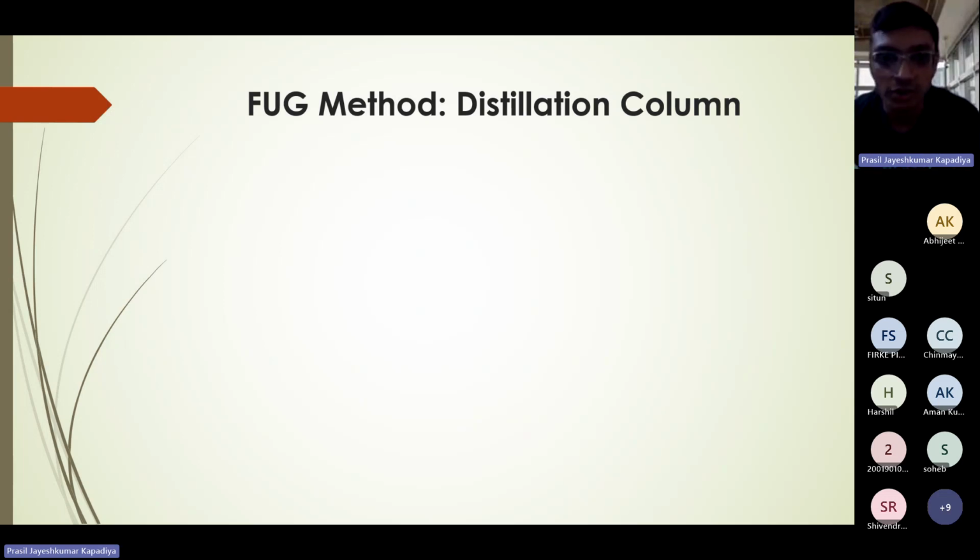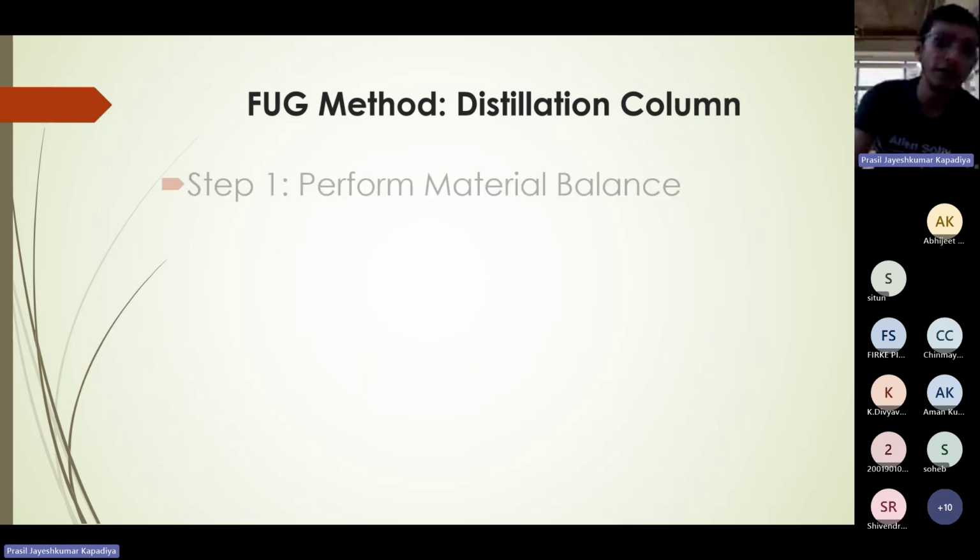This model works not exactly on the FUG method, but on the Winn-Underwood-Gilliland method, where Fenske's equation is modified to calculate the minimum number of trays. So we can simulate our system easily, but I want to show the actual theory of the FUG method. That's why, before going for simulation, I will first show what the FUG method is.